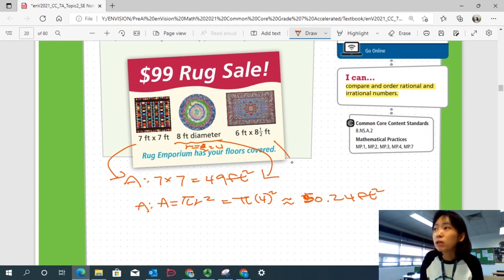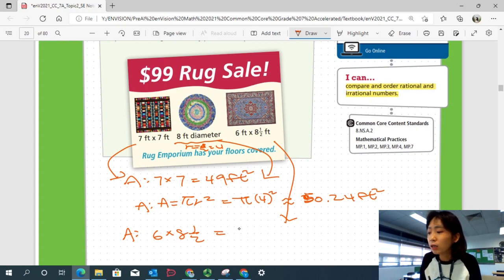Okay, your third rug will have an area of 6 feet times 8.5 feet. That's going to be 48 plus 6 times a half. Or you can change this mixed number into an improper fraction, 17 times 6, and divide it by 2.